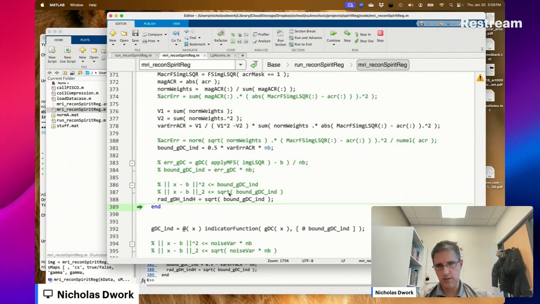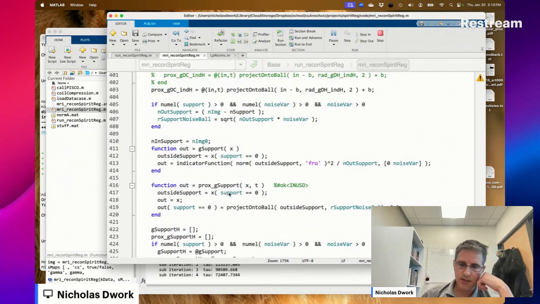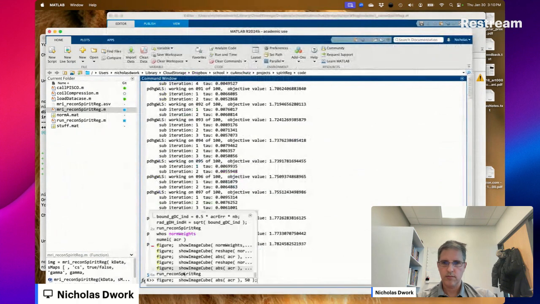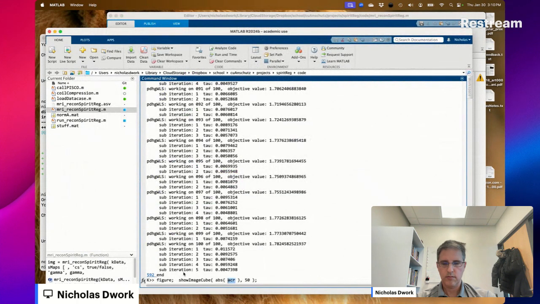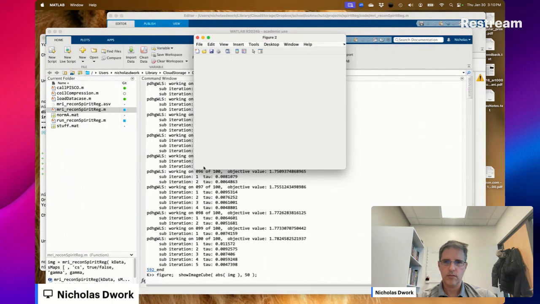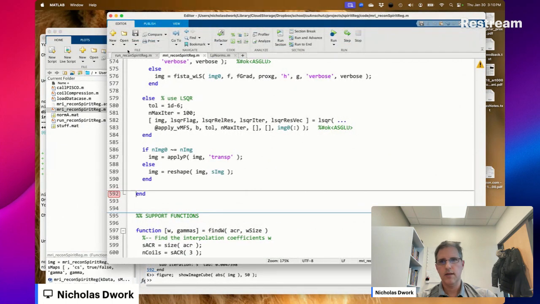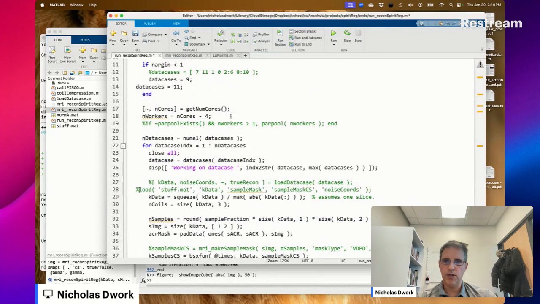1.4. That gives us a decent image, doesn't it? That's a decent image. Okay. Now let's do the brain.